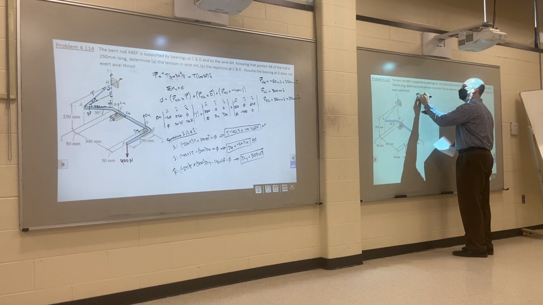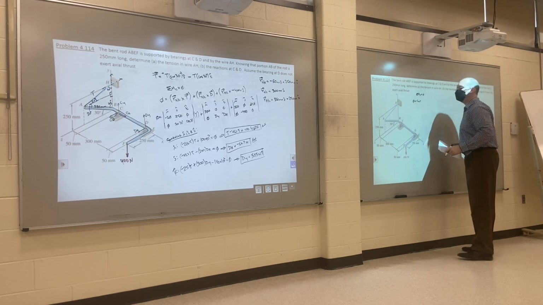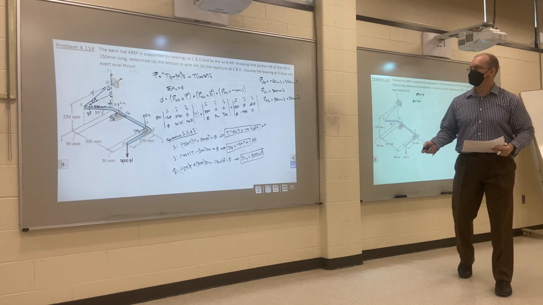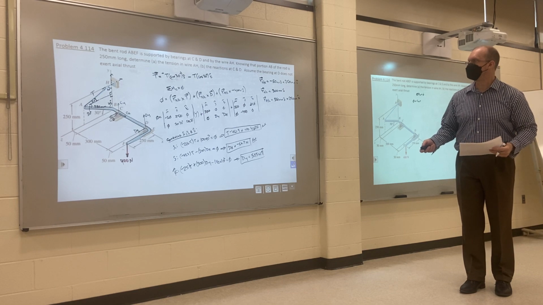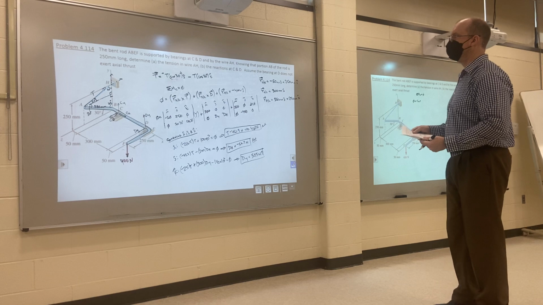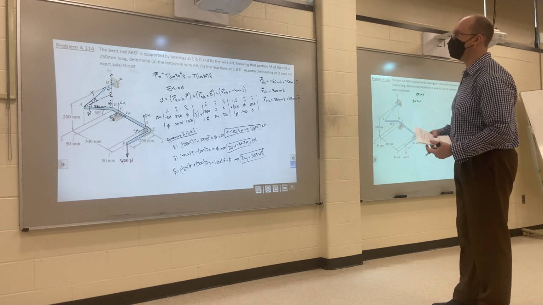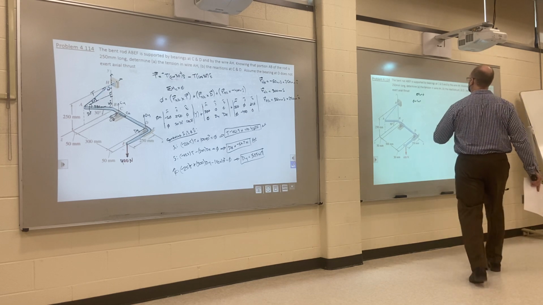Summation of forces in x is equal to 0. 0 is equal to Cx positive plus what other x forces we have, right? Well, we don't have a dx. T doesn't have an x, so that's it.